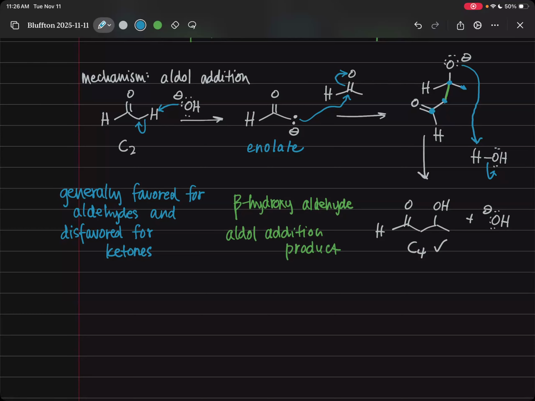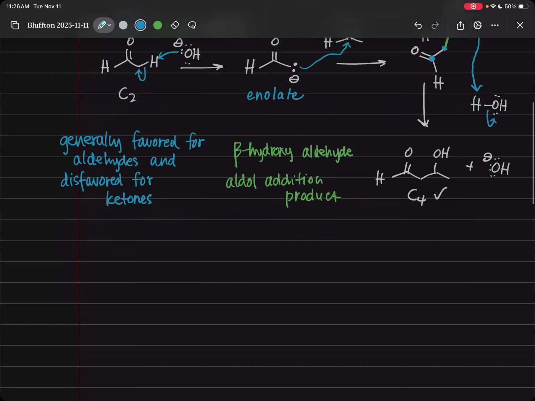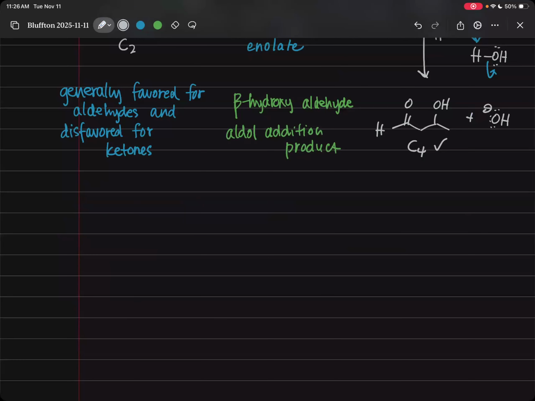Remember, aldehydes are more reactive than ketones, and this is one of the instances where it's really important because if you want to do an aldol reaction or an aldol addition reaction, a ketone is not going to be a very good substrate for that. Okay, the way we actually end up drawing that is like this. So let's take this aldehyde.